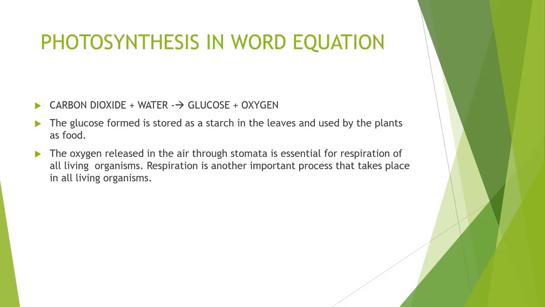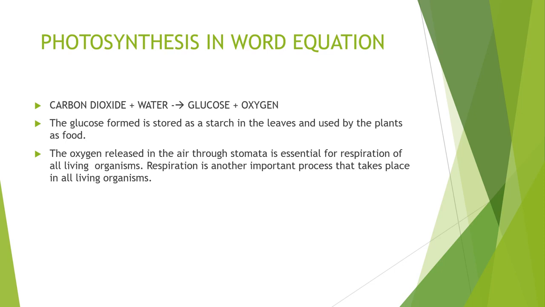The energy from the sunlight is trapped by the chlorophyll pigments which are present in the chloroplast and used to combine carbon dioxide with water to form glucose. In the whole process, oxygen is released as a byproduct. So what is the word equation of photosynthesis? Carbon dioxide plus water will give you glucose plus oxygen.